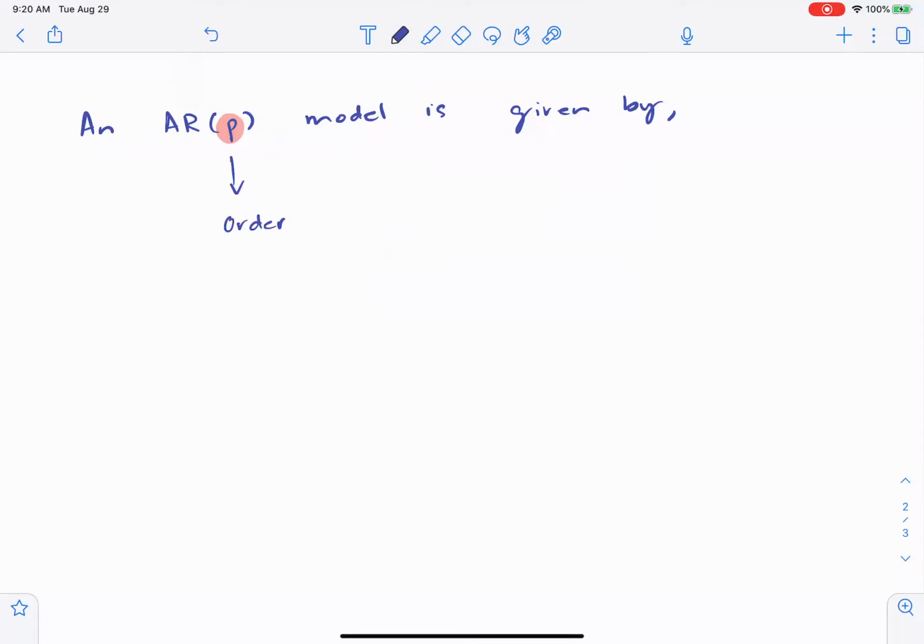Again, if you forget, we are going to deal with linear filters, so eventually this would become a polynomial. So in case you forget what p is, you could always think of the order of a polynomial, degree of a polynomial, etc.